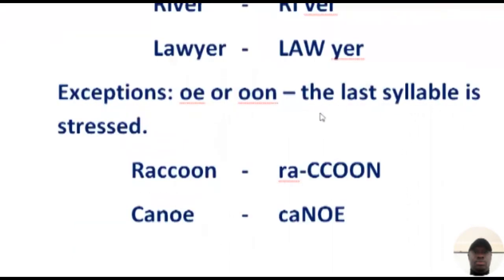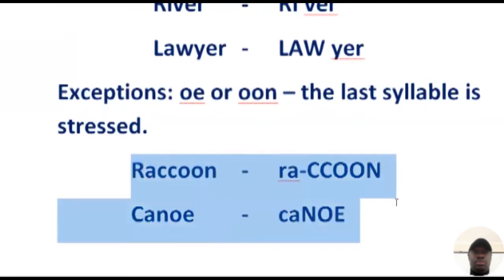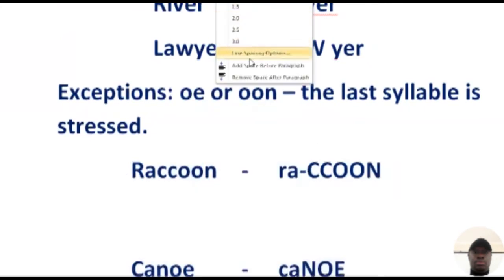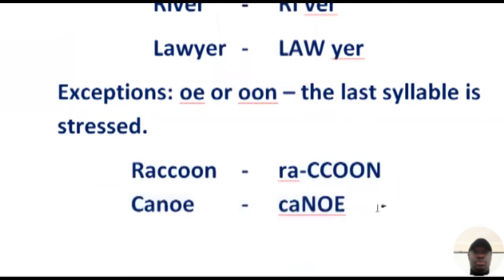Two syllable words, if it's a noun, the stress is placed on the first syllable, but these exceptions, any word that ends with OE or OON, the stress is on the second syllable. Am I clear? Yes. Good.